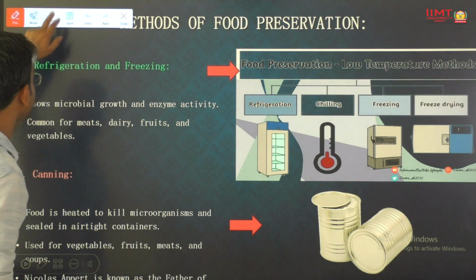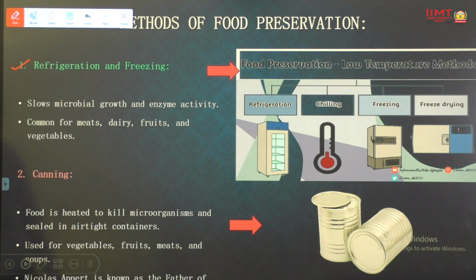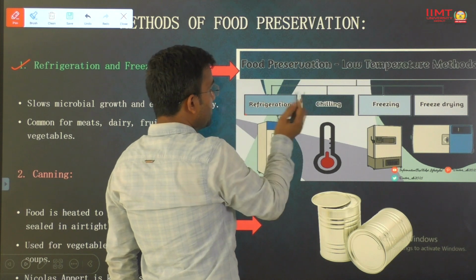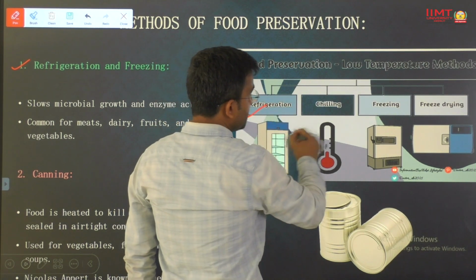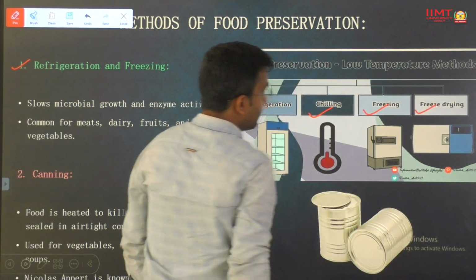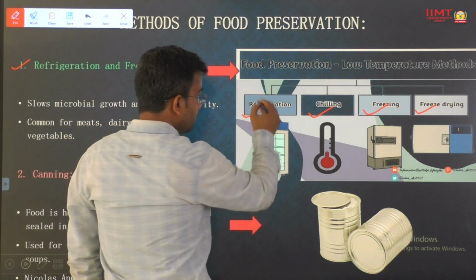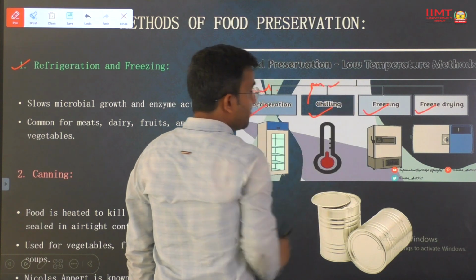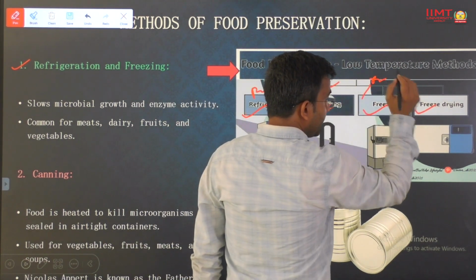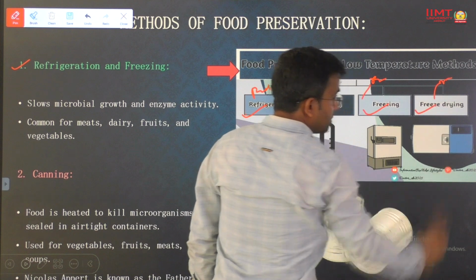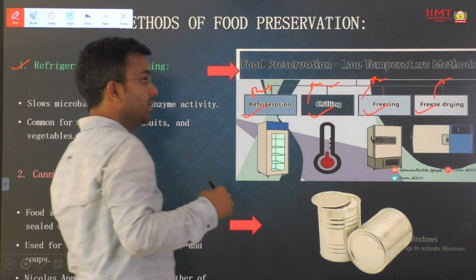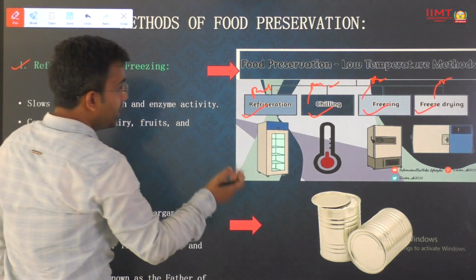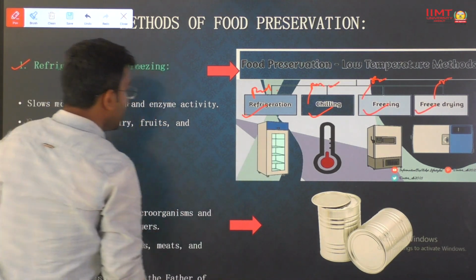So here are the methods of food preservation. First is refrigeration and freezing. The kinds of temperature preservation are refrigeration, chilling, freezing, and freeze drying. Some food items need refrigeration, some need chilling, some are required for freezing only, and some are for freeze drying. So depending on what food item we are preserving, we need the appropriate unit or instrument.